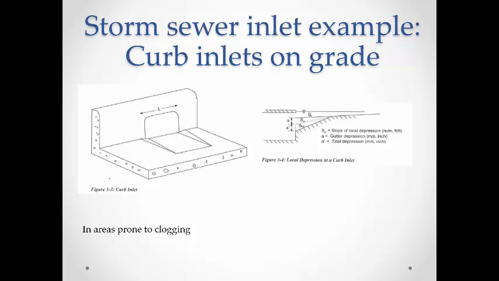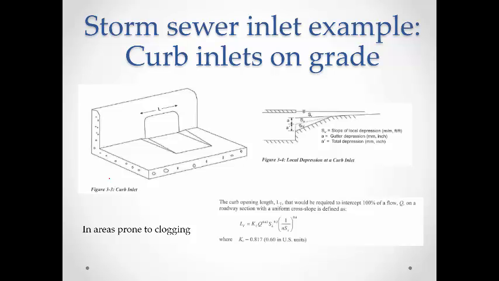Something really important is to avoid clogging. An open inlet would reduce the clogging. If you have a grate, there's going to be more clogging due to debris and everything that is carried by the runoff.